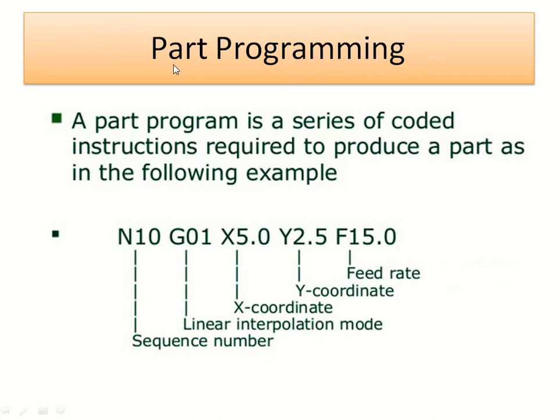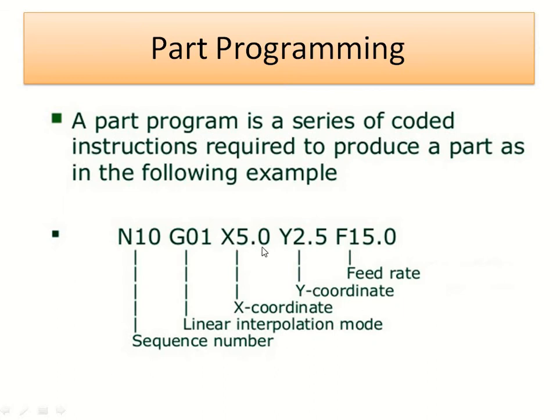Now part programming is a series of coded instructions required to produce a part, as in the following example. First N10, or 10, is the sequence number for the block, and G01 is the linear interpolation mode, X 5.0 is the X coordinate, Y 2.0 is the Y coordinate.